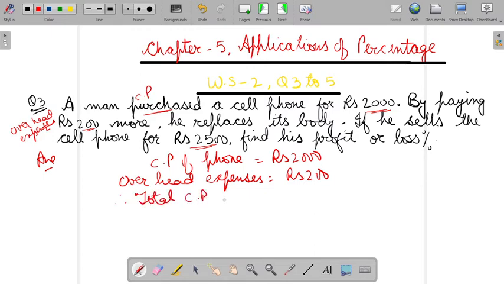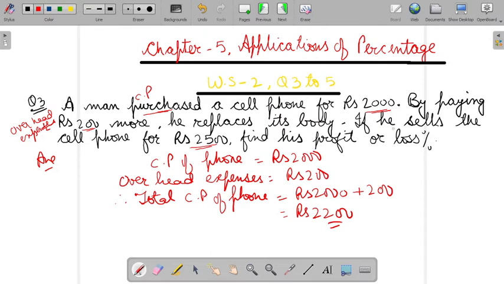Therefore, total cost price of phone would be rupees 2000 and rupees 200. So add them together, and you would get 2200 as the actual cost price of the phone.